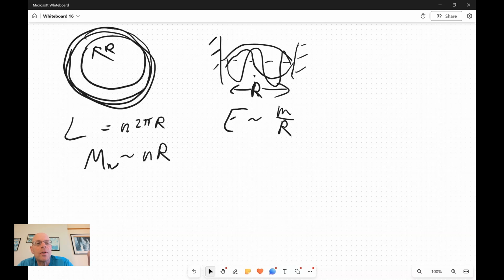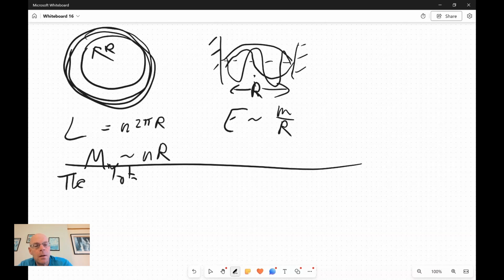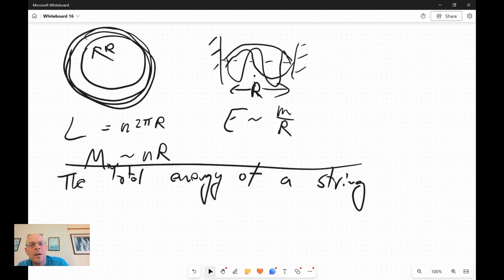So in a universe of radius r, we have both the total energy of a string due to winding modes and due to oscillation modes.